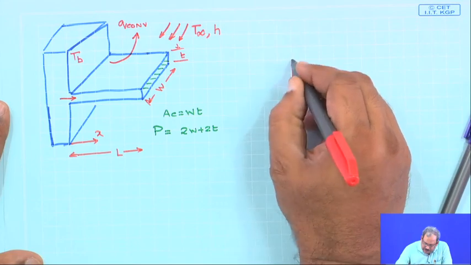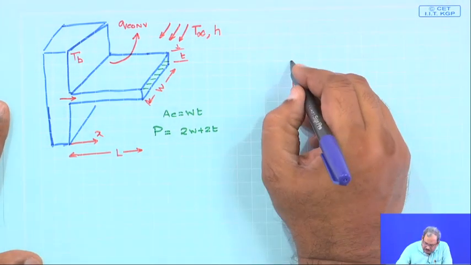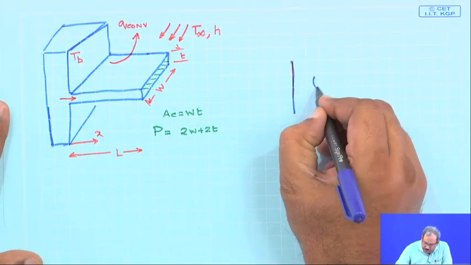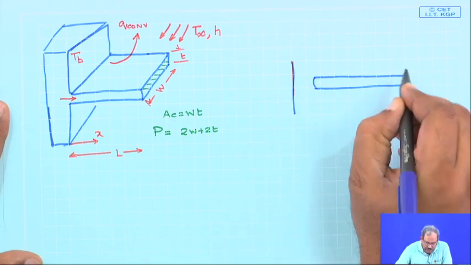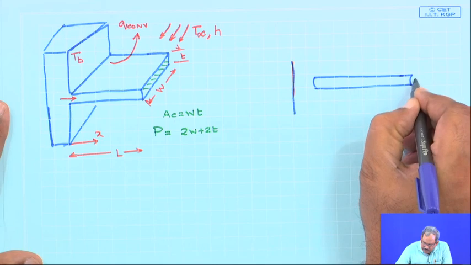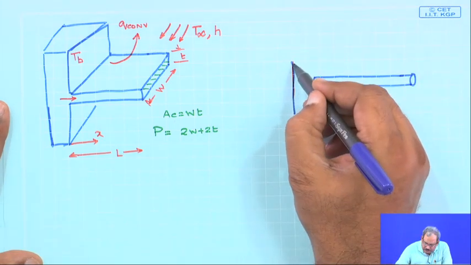You can similarly have a situation where you have a cylindrical fin of constant cross section.